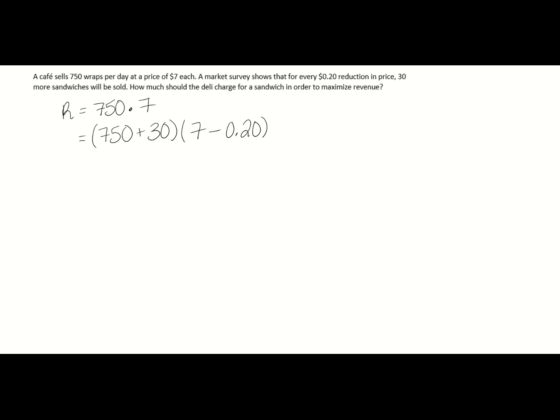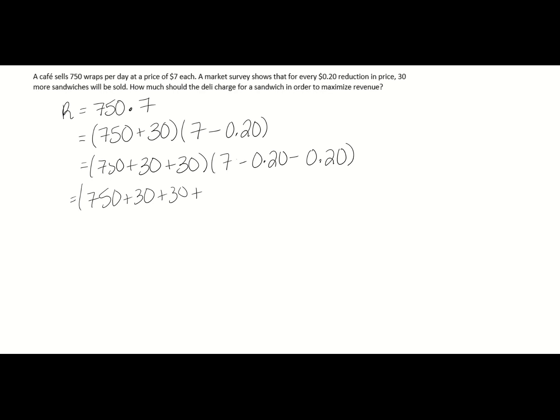But I could keep doing this. So I would sell 30 and then I would sell another 30 if I reduce it by 20 cents again. And I could keep doing it. So then I would sell an extra 30 if I reduce it by again 20 cents.